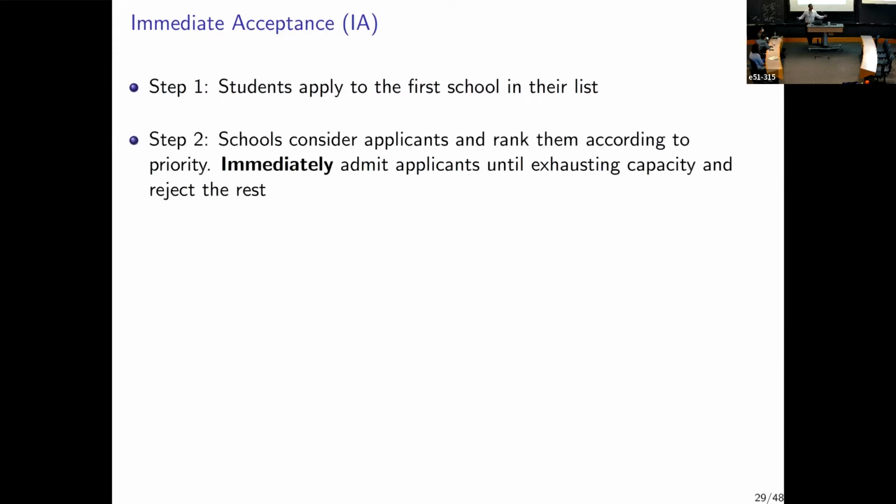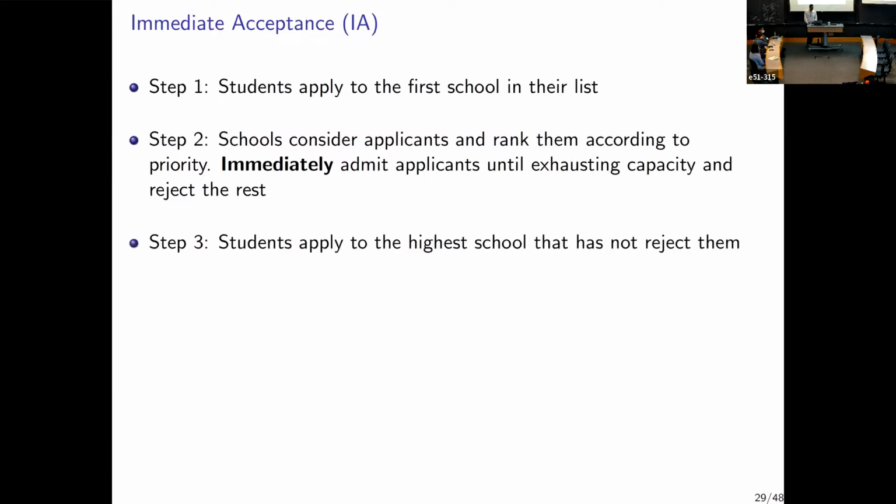Now schools are going to take all the students that rank them first, order them according to the priority, and immediately admit applicants up to the point where their capacity is met. And the key word here is immediately, right? Before it was tentatively. You keep this and I'm going to compare the ones that I kept with the ones that apply to me in the next round. Here, no. They apply to me, I admit them, and I move on.